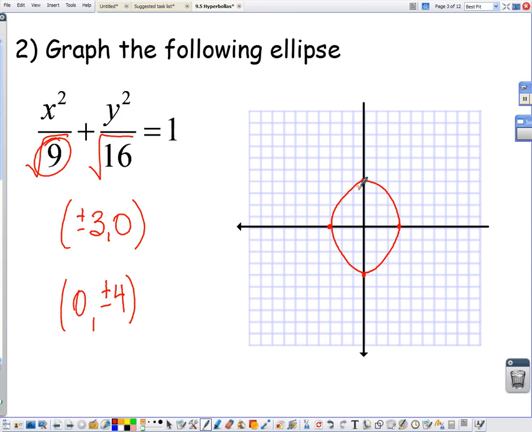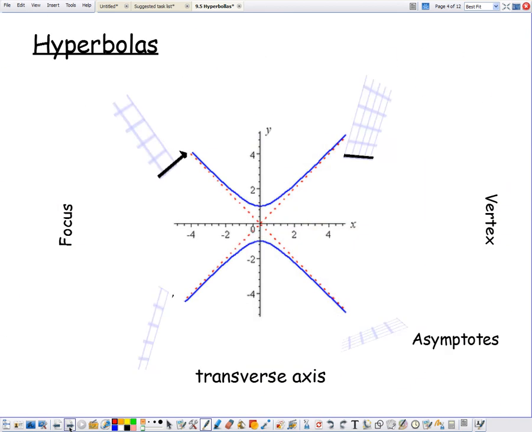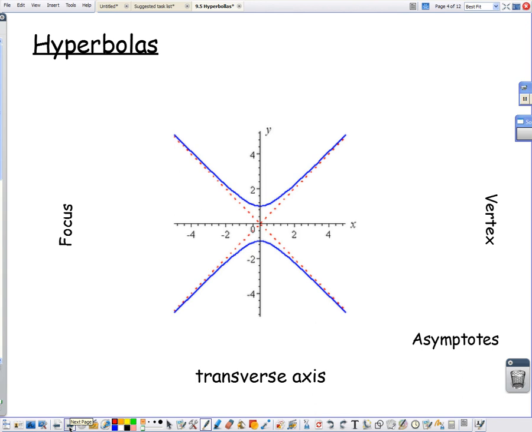All right, so this is what a hyperbola is, and let's cover some of the vocabulary to make sure we've got everything covered. First of all, the focus, just like on the parabola, is going to be inside the two hyperbolas. The vertex is that maximum or minimum point that we talked about.